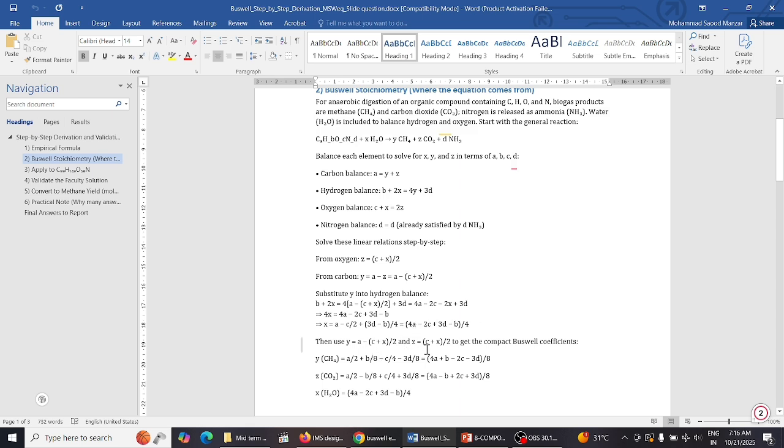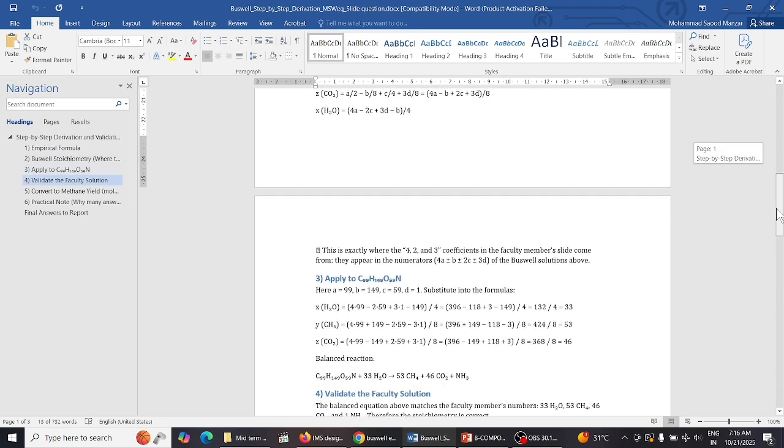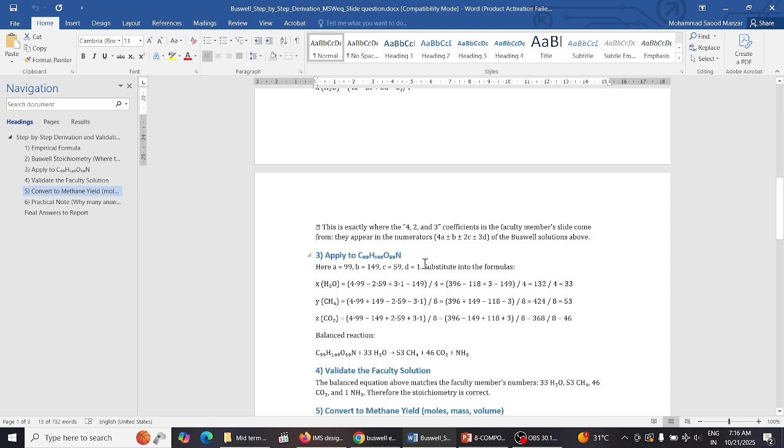It simplifies so that y equals (4a plus b minus 2c minus 3d) upon 8, and z equals (4a minus b plus 2c plus 3d) upon 8. This is the simplified formula, and we can substitute it.